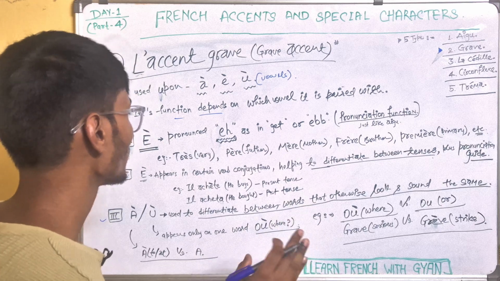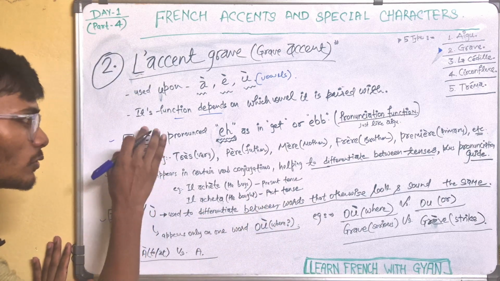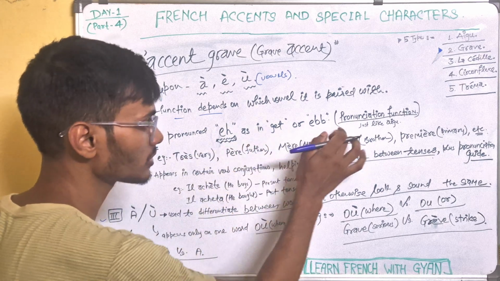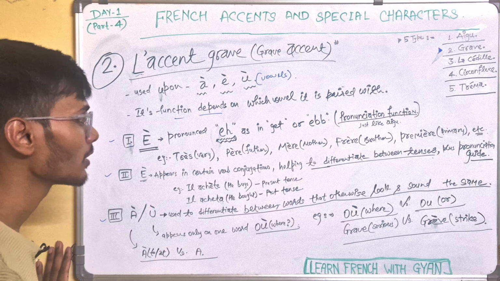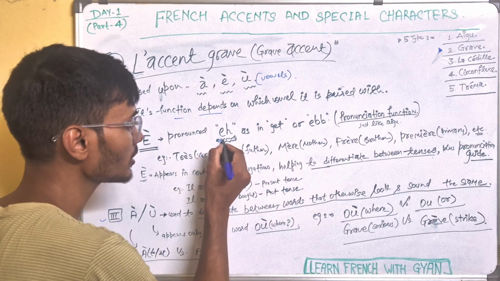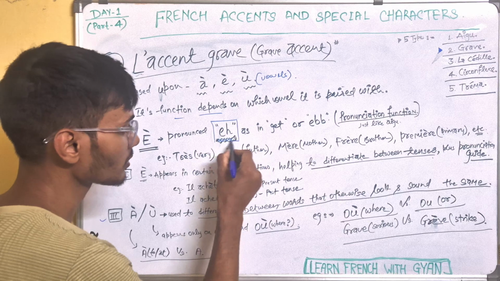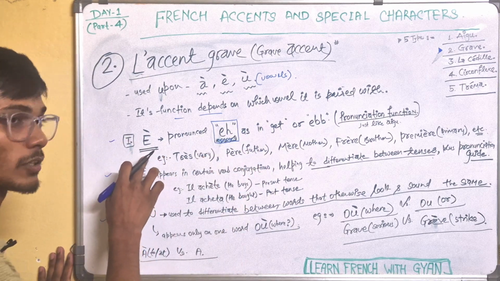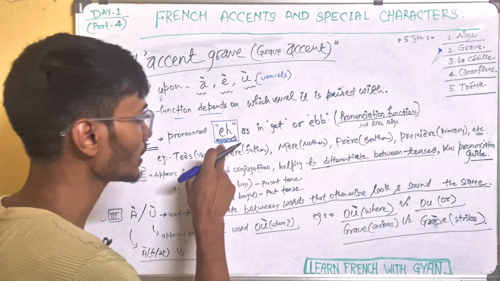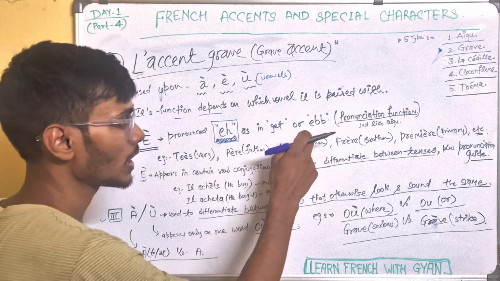The first function of the accent grave with e is to change the pronunciation. The pronunciation function is there just like accent aigu, but what sound comes here? This is the sound that comes out of this e with accent grave, as in get or if.